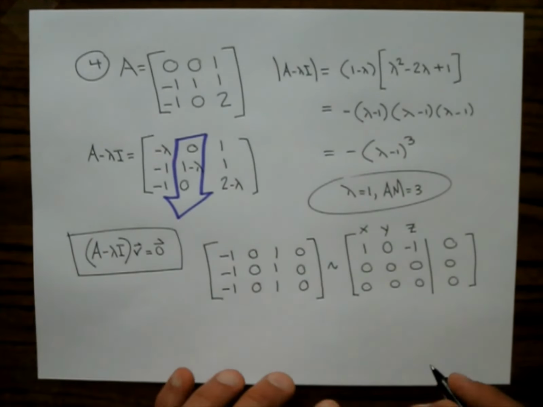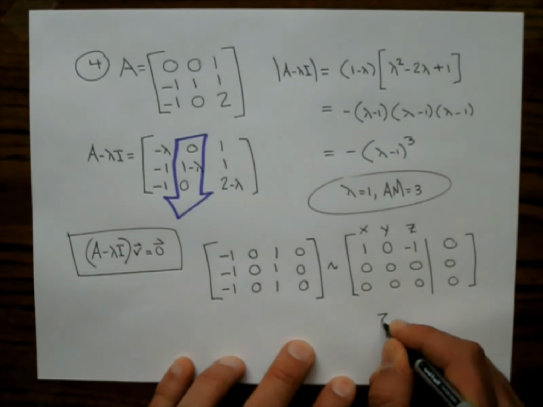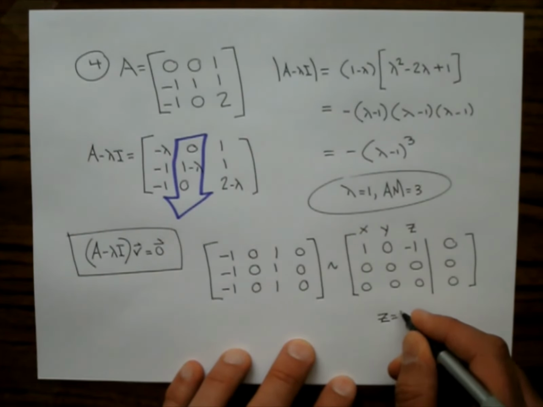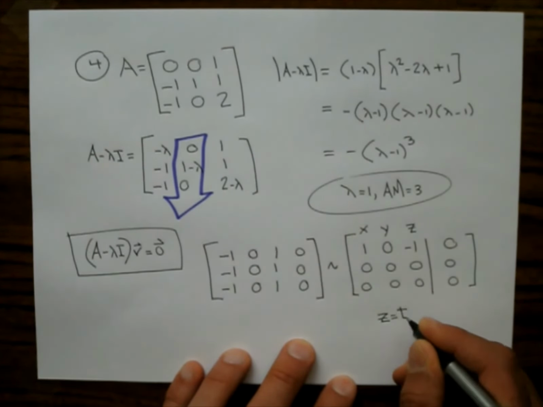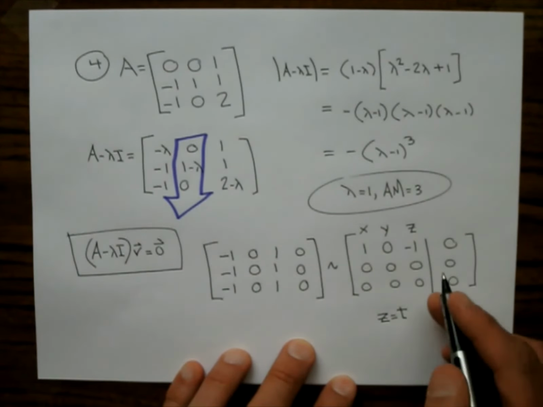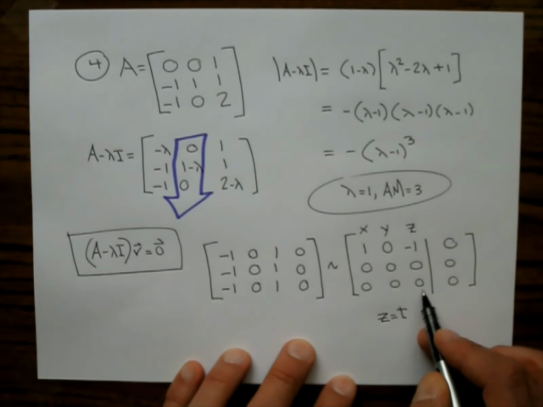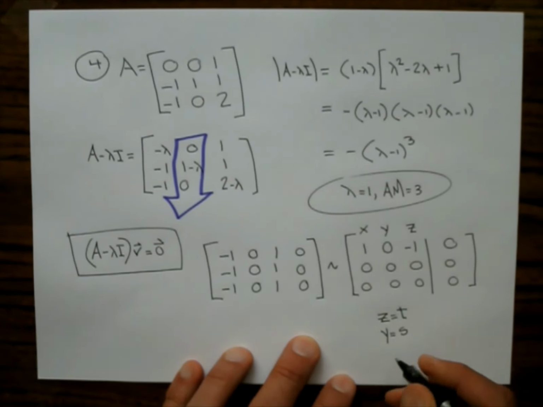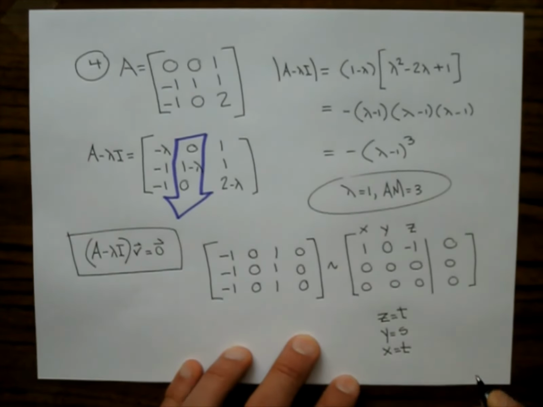So look what we have here. We have z equals t, and because it is free, and y is also free, so y equals s. And then what does x equal? X equals t.